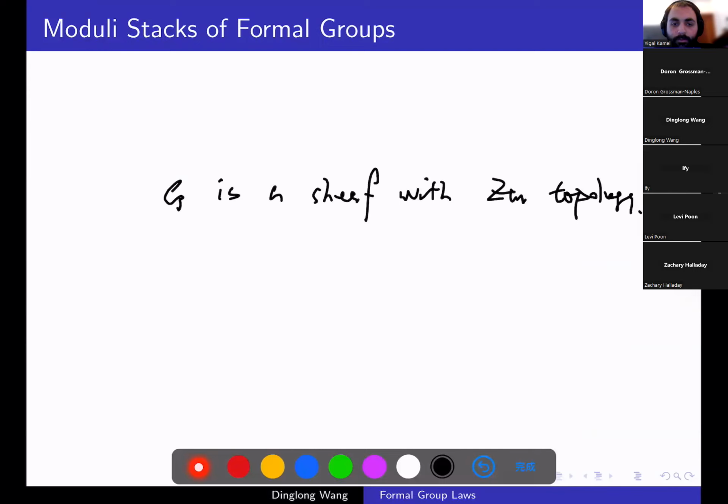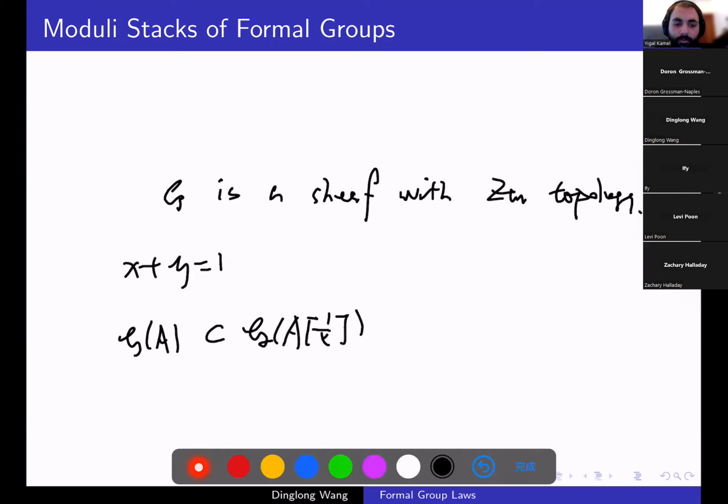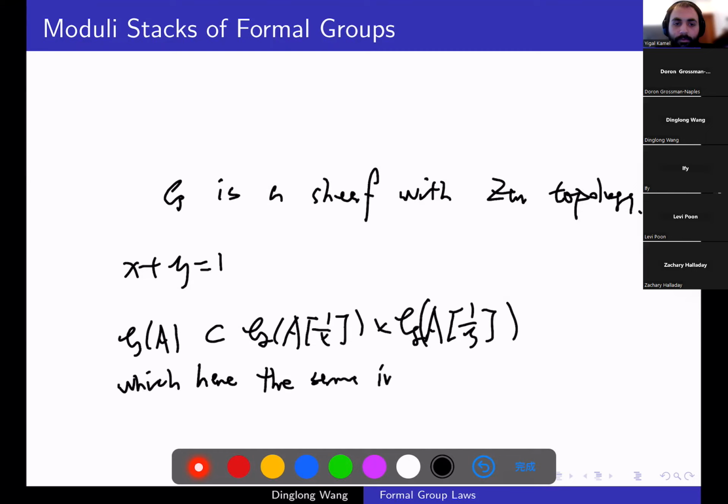Namely, if we have elements x and y such that x plus y is equal to 1, then G(A) can also be described as the subgroup of G(A[1/x]) times G(A[1/y]) which have the same image in G(A[1/xy]).